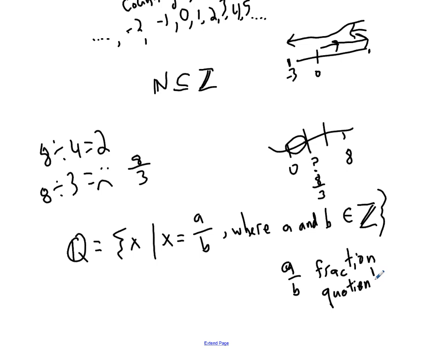Get the output for that division. So 8 divided by 3, the quotient is 8/3. But we also talk about 8 to 3 as a ratio. And it's this word quotient that gives us the Q symbol, and it's this word ratio that gives us the name. This is the set of rational numbers.